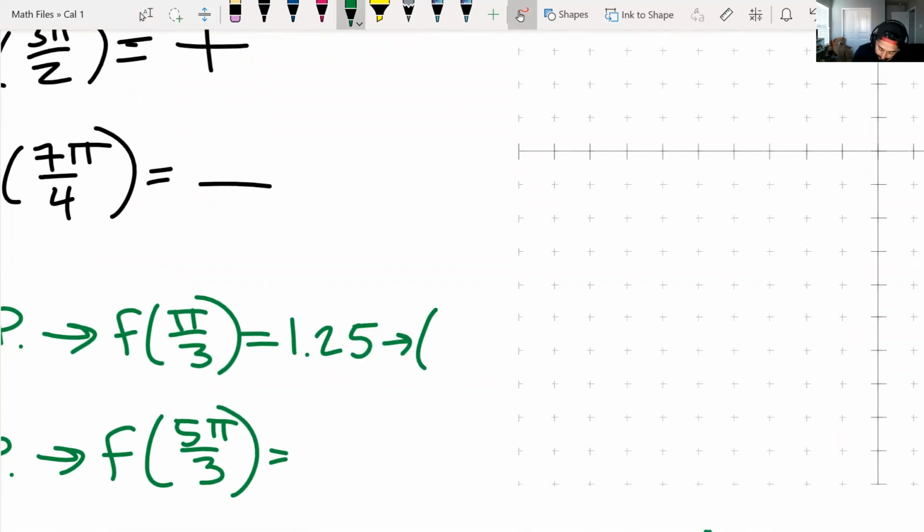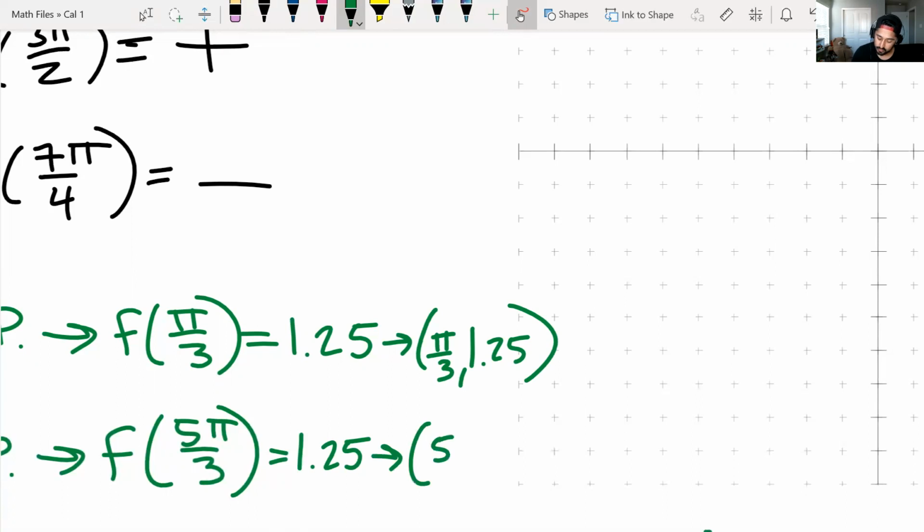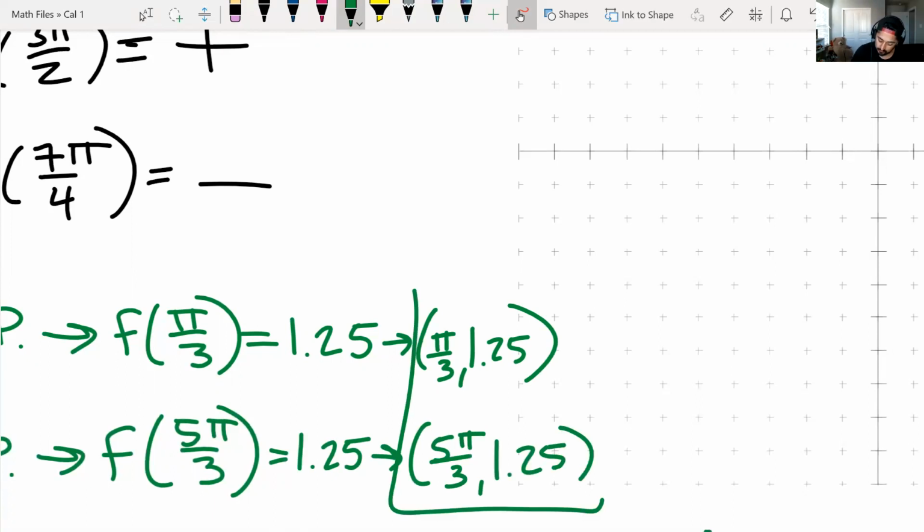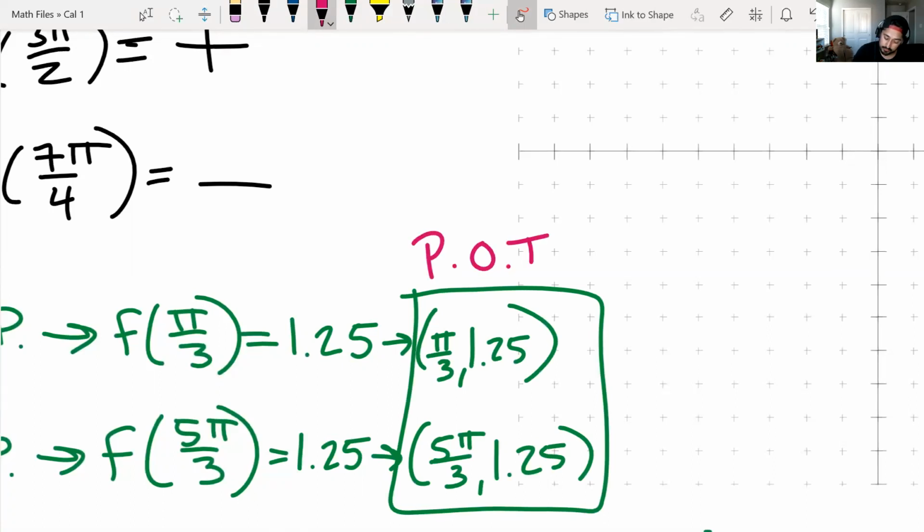So pi over 3 and 1.25. Then if I type in 5 pi over 3, you also get 5/4. 5 pi over 3 and 1.25. These are my points of inflection.